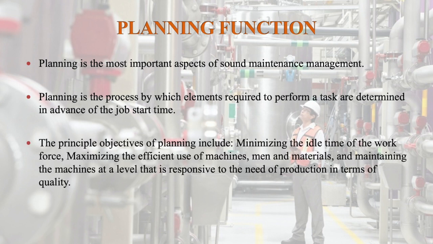The principal objectives of planning include minimizing the idle time of the workforce, maximizing the efficient use of machines, men and materials, and maintaining the machines at a level that is responsive to the need of production in terms of quality.